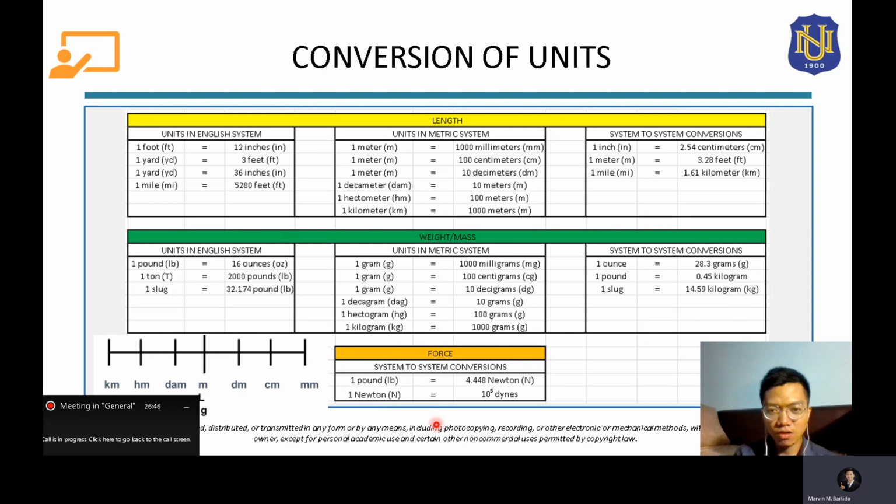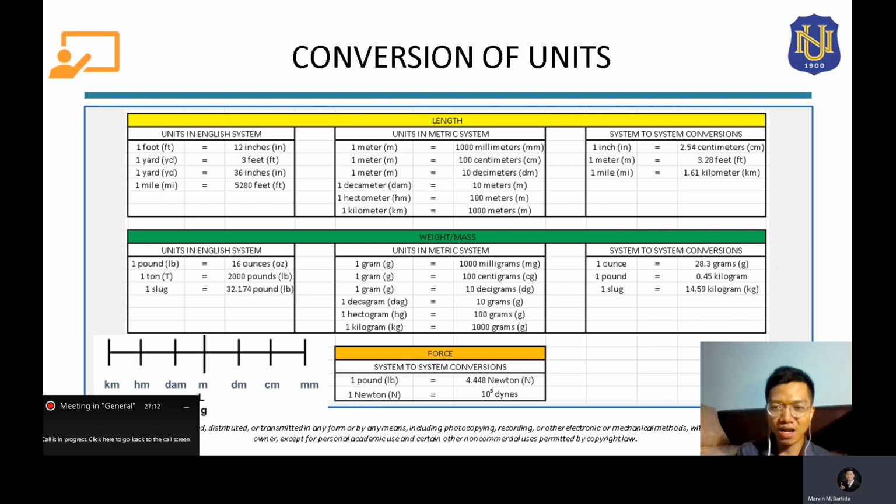Also for force, 1 pound is equal to 4.448 newton, and 1 newton is equal to 10 raised to the fifth dynes. Also, if you're going to use a conversion line, this is also applicable for other suffixes. It's not just applicable for meters, it's also applicable for liter, for grams.